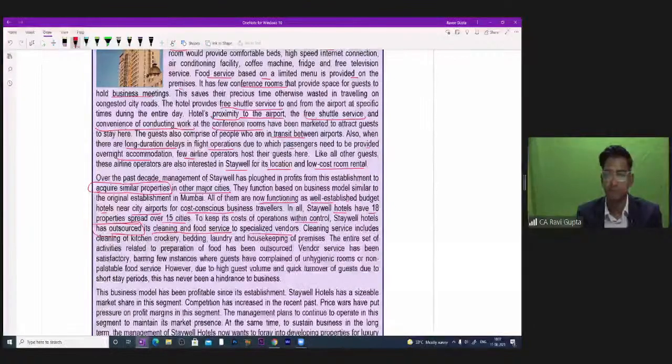food services. Cleaning services include cleaning of kitchen crockery, bathing, laundry, and housekeeping of the premises. The entire set of activities related to preparation of food has been outsourced. That means all the food preparation has been outsourced.